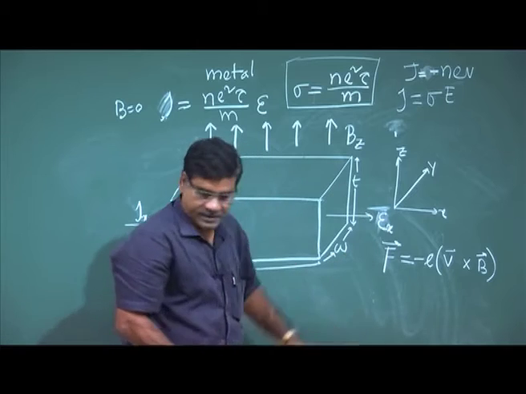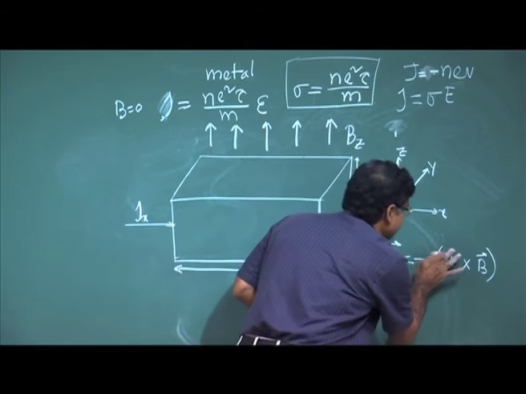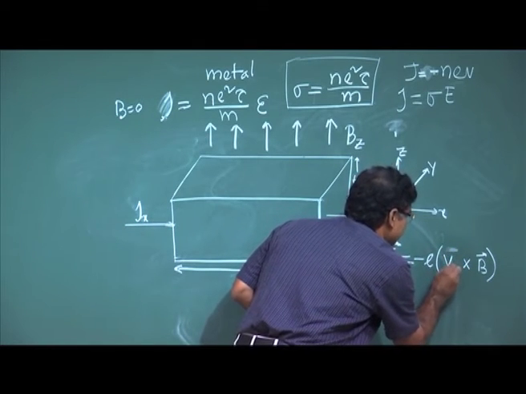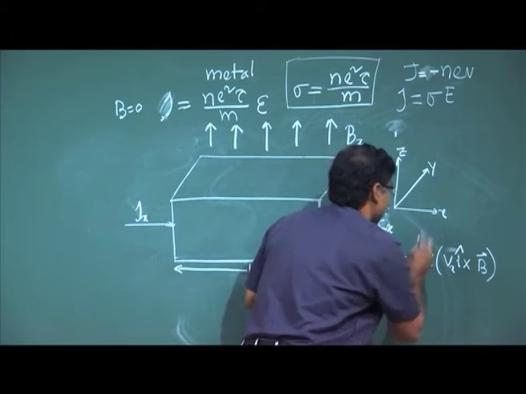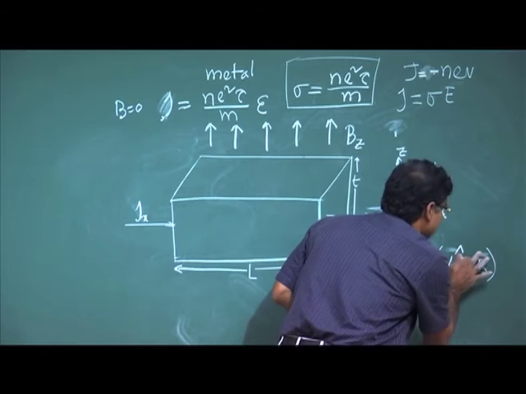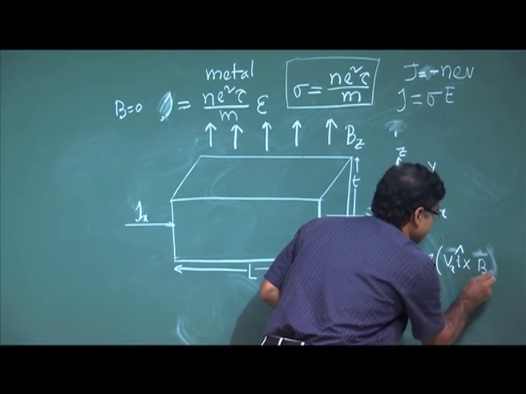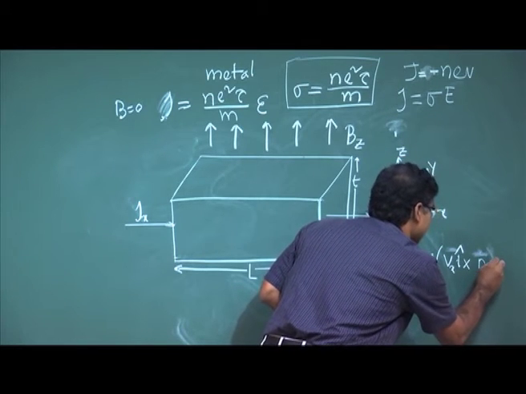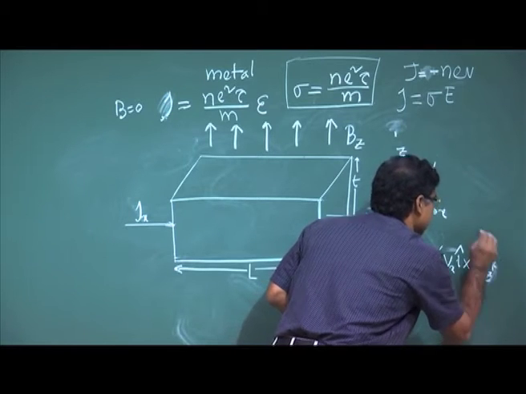Now, in our geometry V is along the x direction, so I can write V_x along the unit vector i, and B is along the z direction, so B_z along the unit vector k.